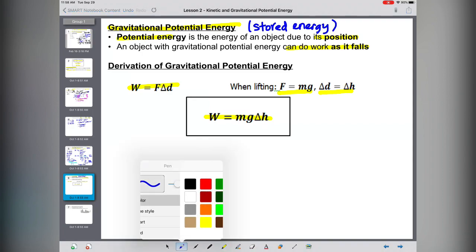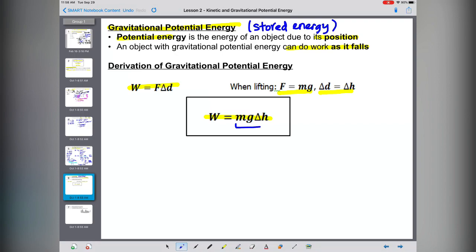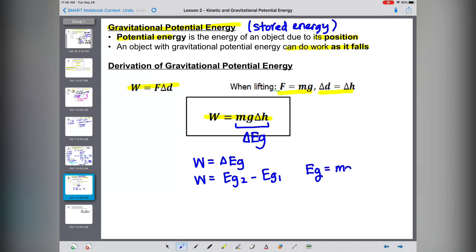And cleaning it up like we did just now, this time mg delta h is actually the change in Eg, the change in the gravitational potential energy. So that means work can be the change in Eg, and work can also be calculated as Eg2 minus Eg1, and in particular, the potential energy at any spot is mass times g times h.